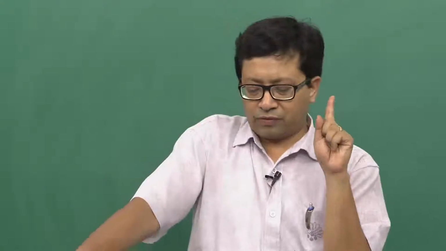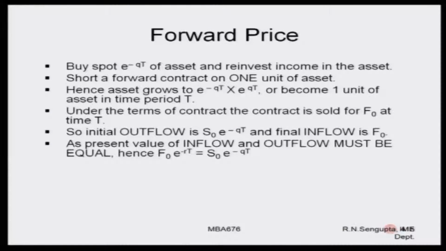Now, under the terms of the contract you sell a forward at F0 when the time expires. In spot, the amount you invested became 1, the total quantum became 1 including the increase, and when you sell that in room 2, it is exactly equal to the forward.